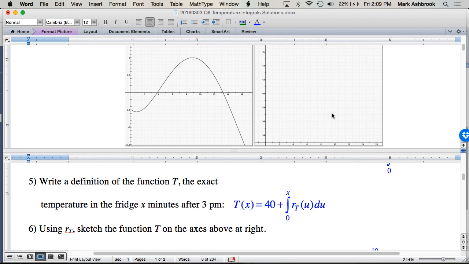All right, and if you were to sketch that, just make a sketch of that, right? So your sketch started at 40, and then we said it goes down for the first, about 4 minutes. So the lowest was going to be around 4, and then up until, I don't know, what was it, 13 or something?